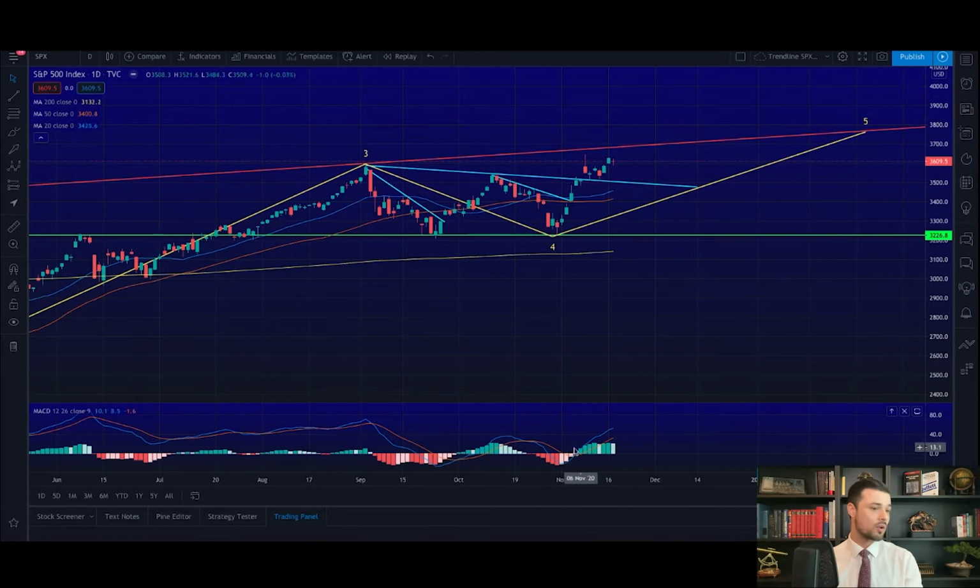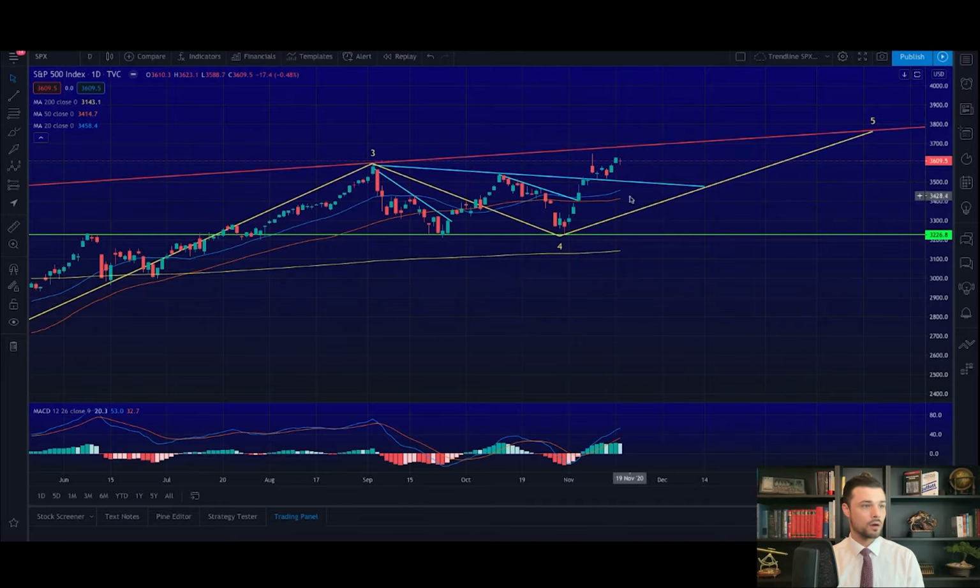The MACD is already giving me a signal that was here. So the MACD would say to buy here. Why not? To me, it's a bit overextended to buy here. I would have waited for the market to come back on this trend line. But anyway, the MACD won't give us any good signal here. So the signal could come from Fibonacci or from the moving averages or the trend lines.